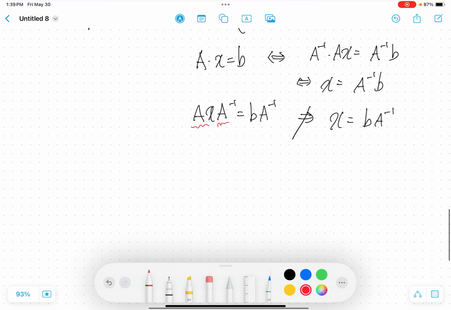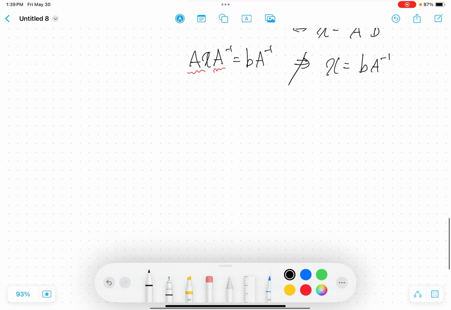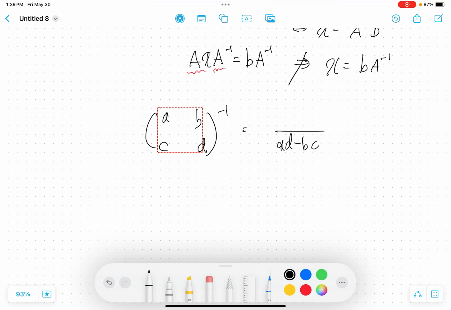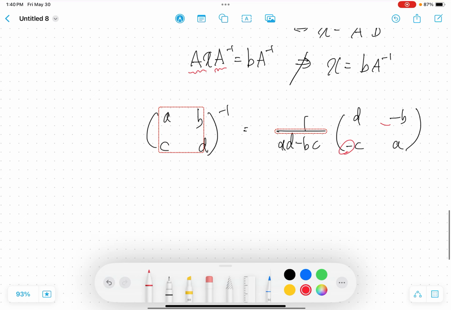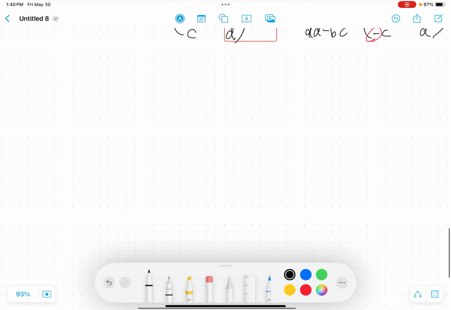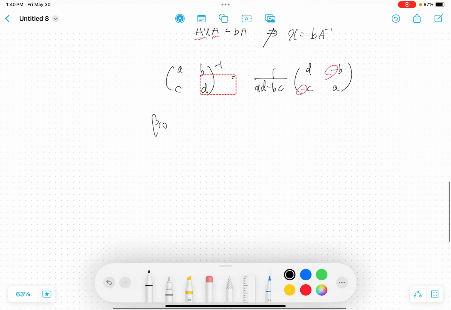Another minor mistake is the inverse of a matrix. If you think about the 2 by 2 matrix a b c d, its inverse is 1 over ad minus bc, change positions, and minus b, minus c. So this guy forgot the minus signs here, and then tried to calculate beta 1 as a complicated equation by inverting the matrix.